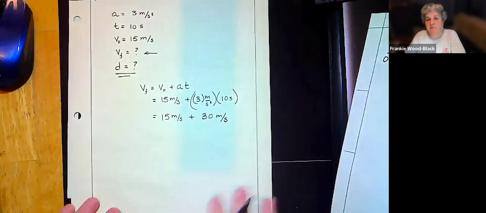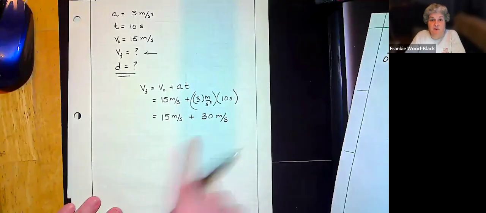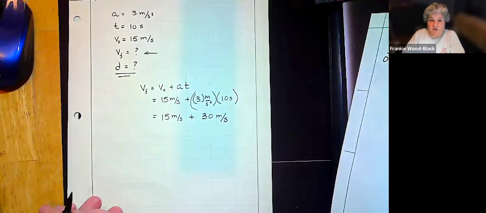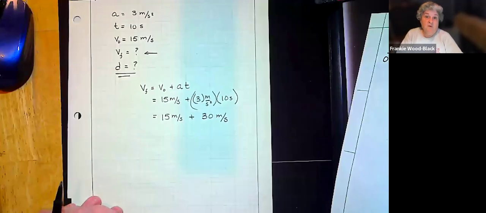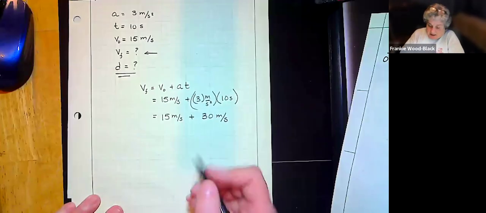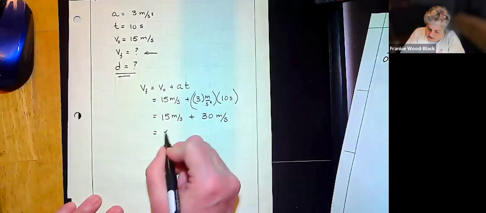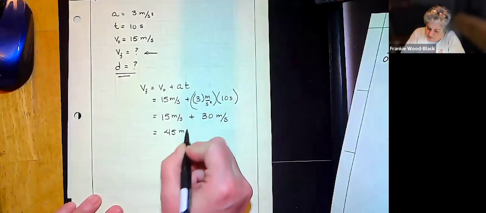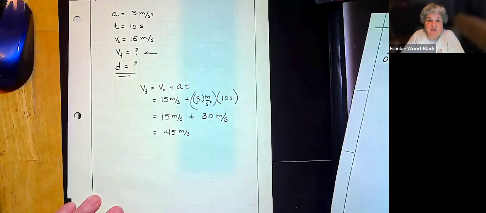Again, I made up my numbers, so this is going to be pretty fast. We're talking maybe a hot rod motorcycle or something. We're definitely breaking the speed limit. So this is 45 meters per second. Because remember, 60 miles per hour is 27 meters per second. We're going a little fast. We'd get a speeding ticket.